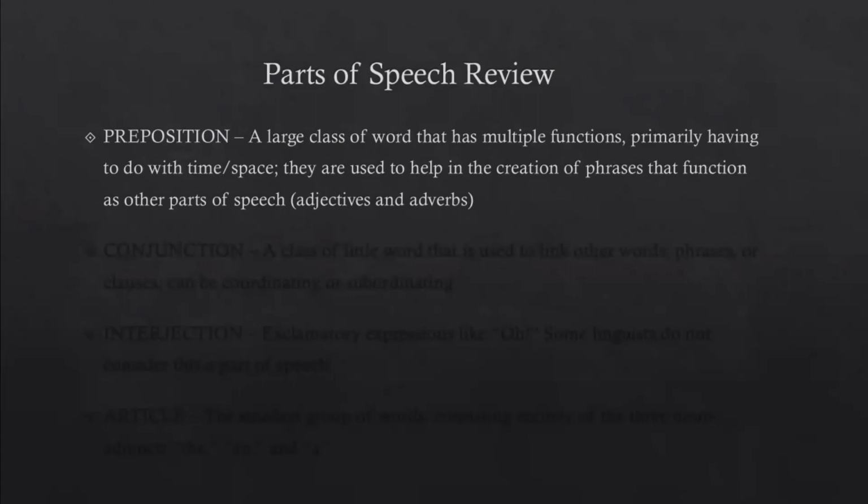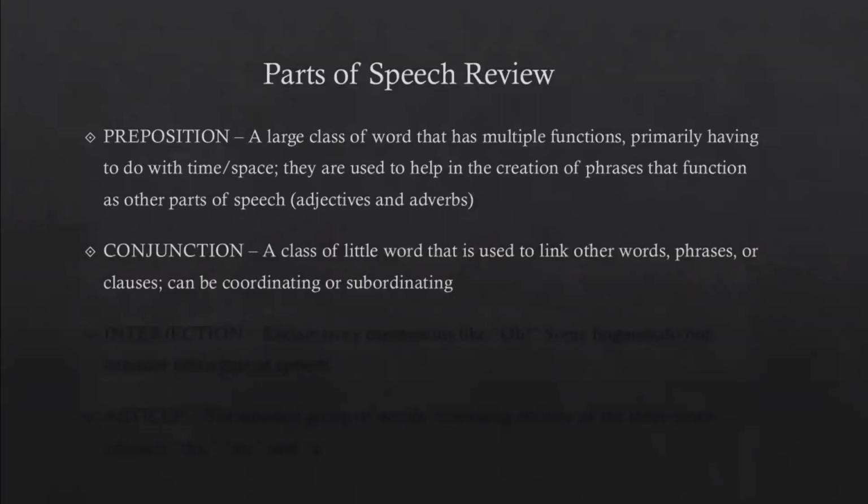You can have a phrase that is an adjective or a phrase that is a noun. So it's worth recognizing that sometimes it's not single words. Quite often you'll have entire phrases that are acting as particular parts of speech. Conjunctions, a class of word used to link other words, phrases, or clauses. They can be either coordinating or subordinating.